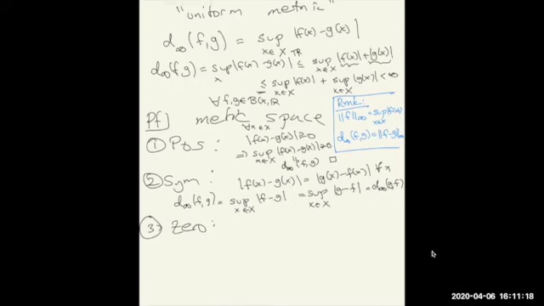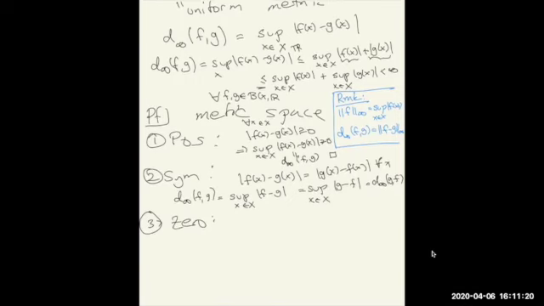Now, 0 is a little bit trickier. Well, but not very much. If distance fg is equal to 0, then what do we get? We get that the supremum over x in X of the difference between f of x and g of x is equal to 0.